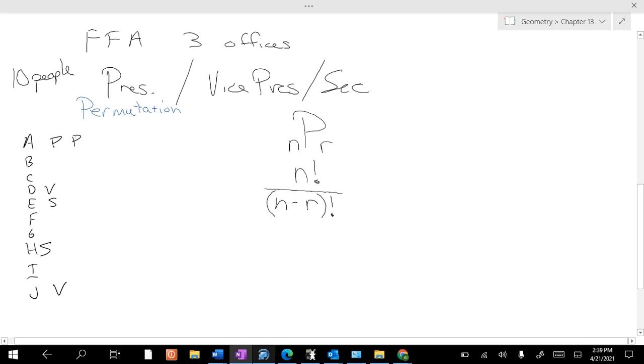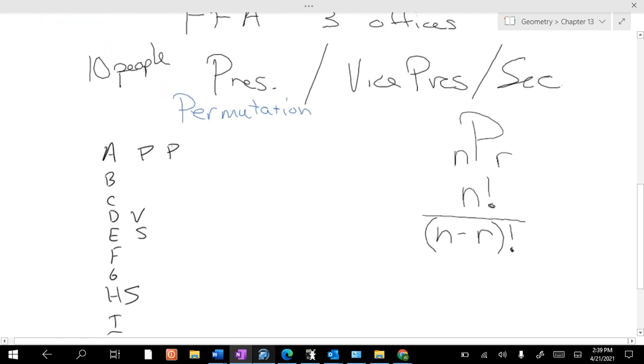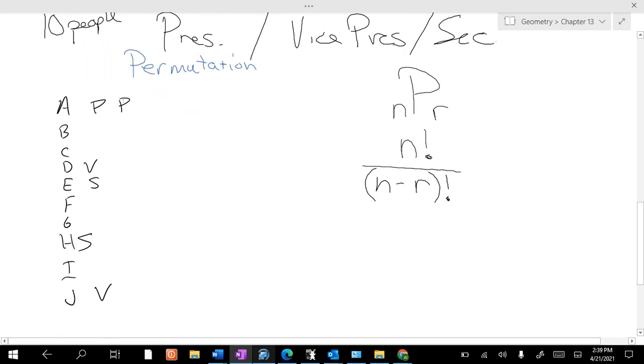So there's an easier way of doing it called a permutation. Okay? A permutation is this. You take the possible number of people, permutation, the actual number of offices, or the actual order of things.